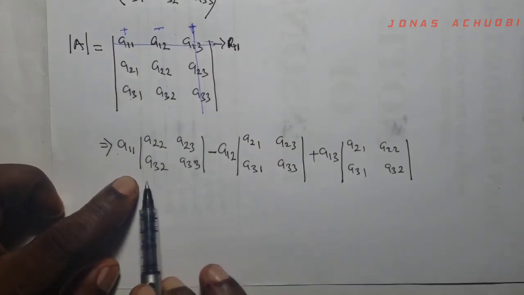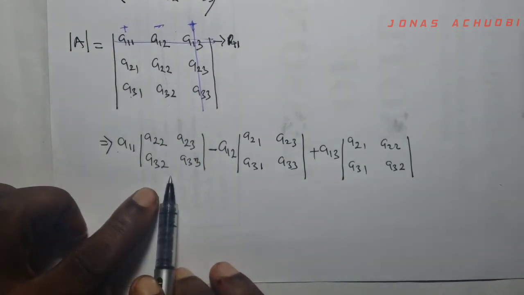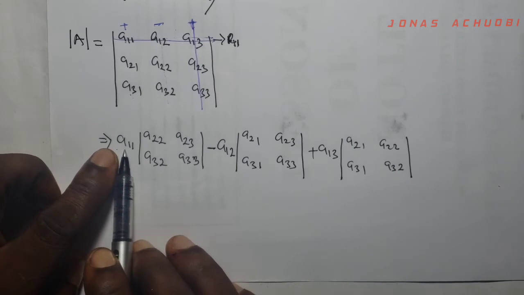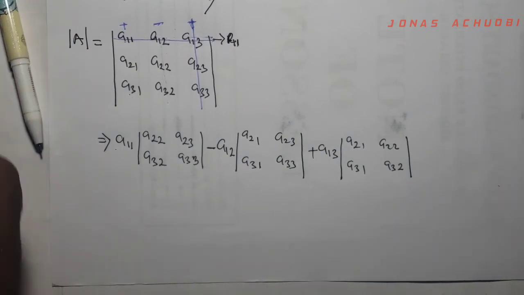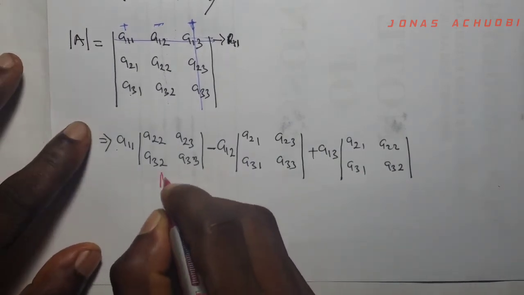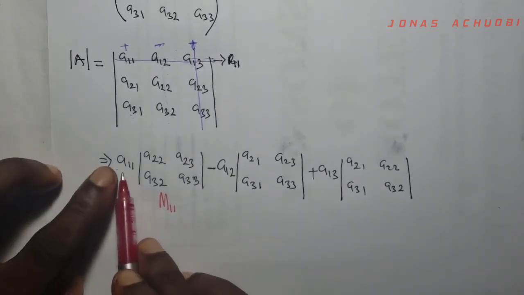The 2 by 2 determinant we got from A11 is called the minor of the entry A11, which we denote as M11.